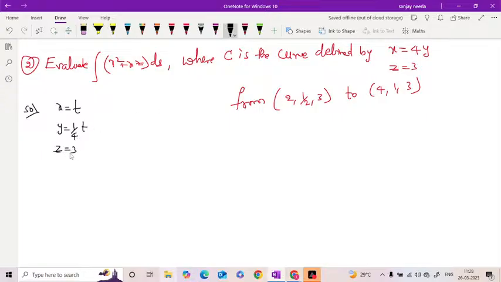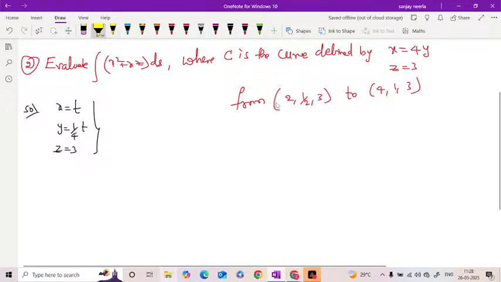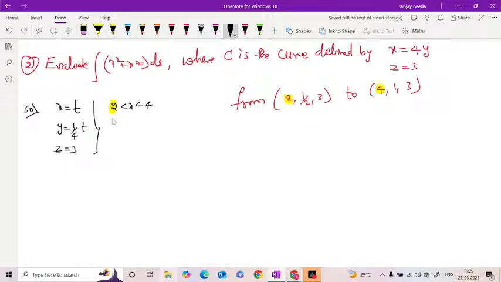Now what are our t limits? x values are 2 to 4, so t values are also between 2 and 4.